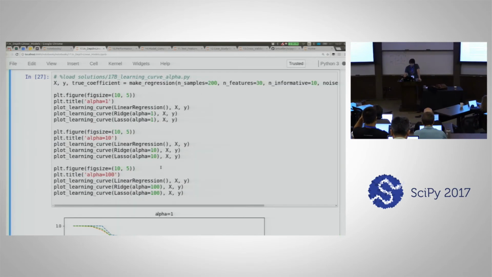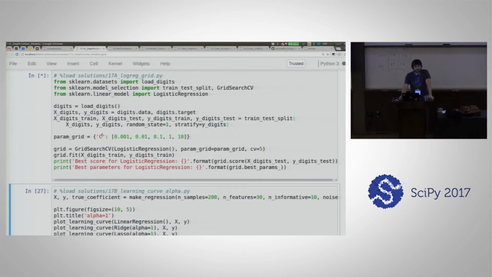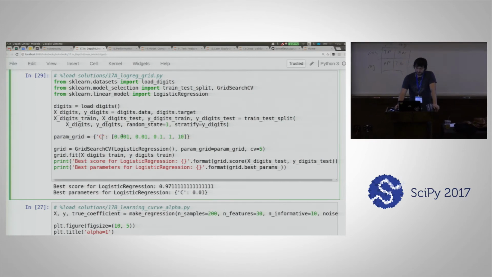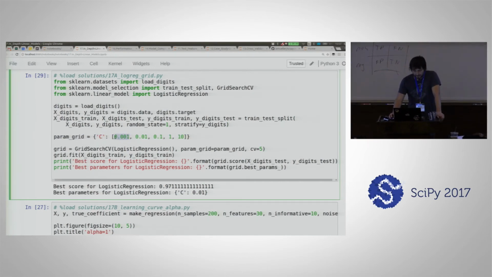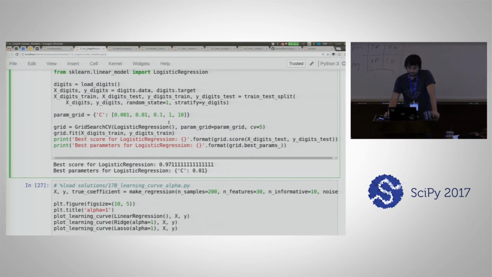And then we define the parameter grid. The parameter we want to search is C. So small C, high regularization; large C, less regularization. We instantiate GridSearchCV with logistic regression, the parameter grid, and CV equal to 5.